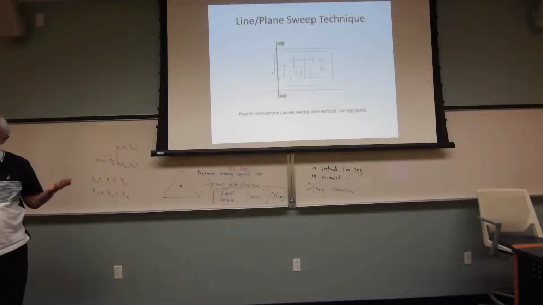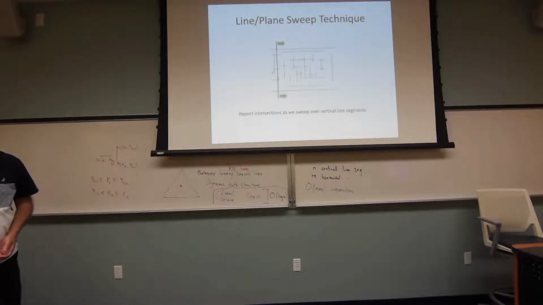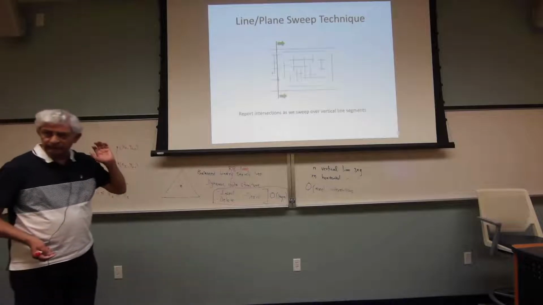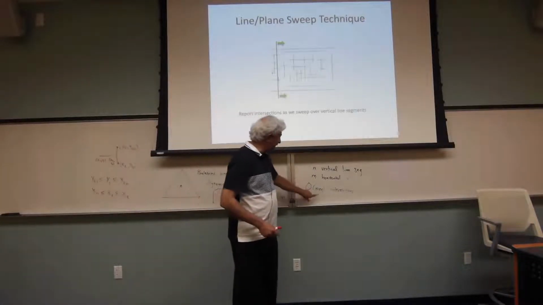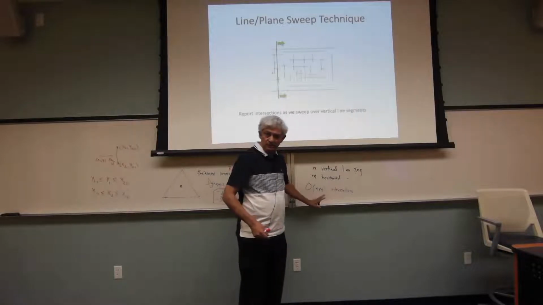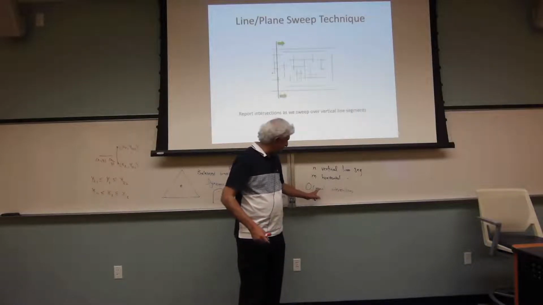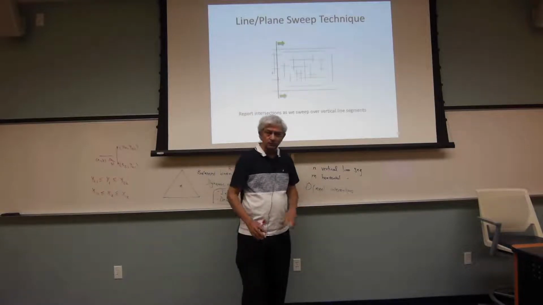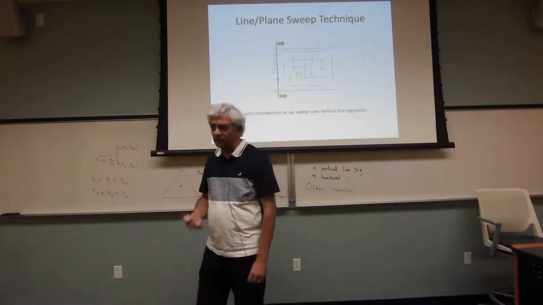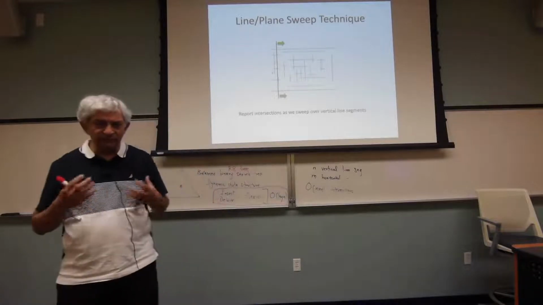So why can't I just do this for every possible horizontal and vertical line segment? I could report everything. The problem with that is that you're going to end up spending time that's proportional to the number of horizontal line segments times the number of vertical line segments. And as I said before, this is going to give you a quadratic time algorithm. That's going to be very inefficient.